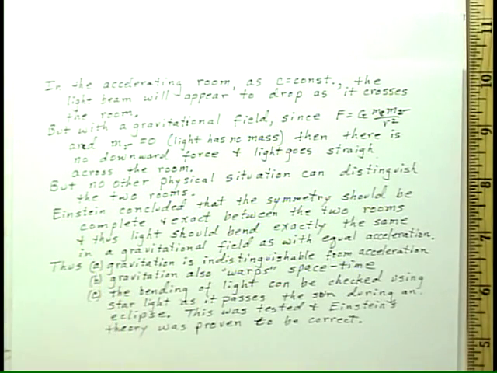But in no other physical situation can we distinguish the two rooms, and it was at that point that Einstein concluded that we should have exact symmetry between the two rooms, the accelerating one and the one in a gravitational field, and considered them therefore completely indistinguishable.